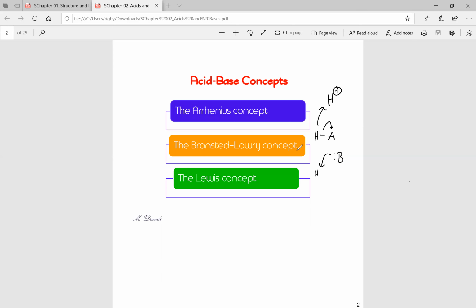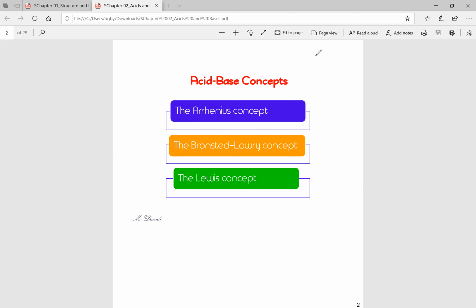So in the case of the Arrhenius definition, it would be accepting protons from water and create OH negative ions. Okay. And so then that's how that ties back to the Arrhenius concept. But for our purposes, we are going to be talking more about acids being hydrogen donors and bases being hydrogen acceptors. Okay? Usually we will say hydrogen or proton.